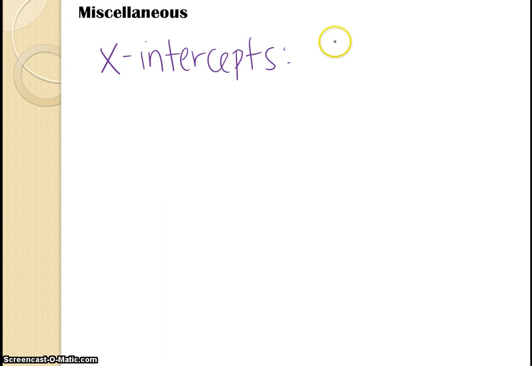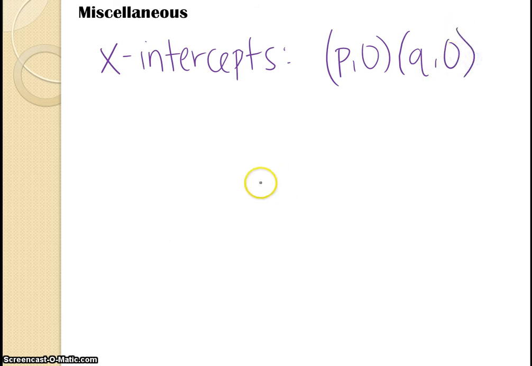And our x-intercepts are p, 0, and q, 0. And just like in vertex form, our p and our q are inside parentheses, so p and q are opposite signs.